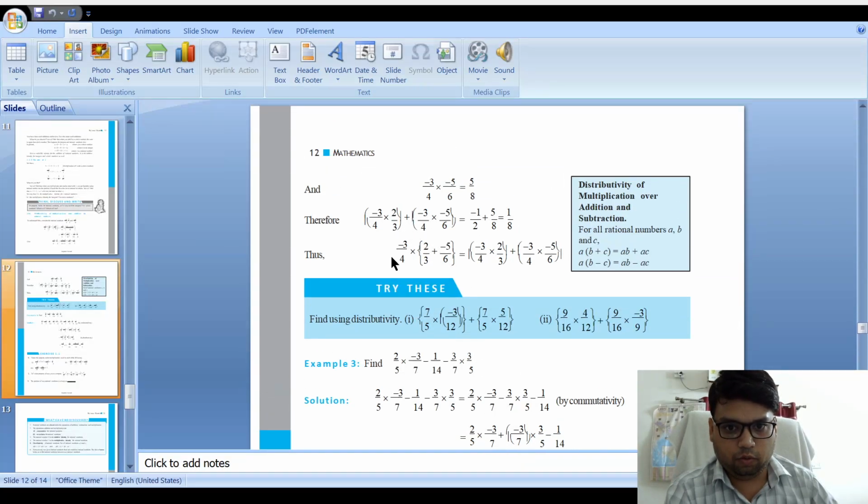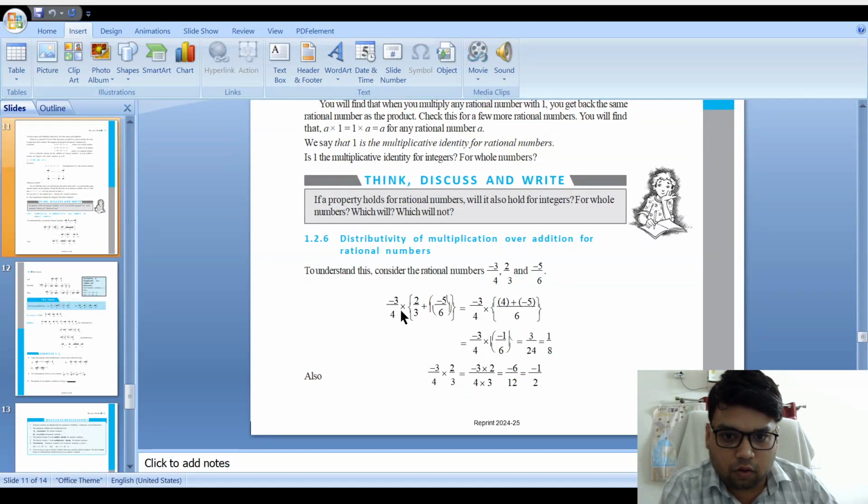Look at the distributive property here. Look at minus 3 by 4. The value minus 3 by 4 is multiplied by a curly bracket, and inside the curly bracket two terms are given with an addition between them. So in the distributive property, minus 3 by 4 is first multiplied by 2 by 3, then minus 3 by 4 is multiplied by minus 5 by 6, and ultimately the result will come.